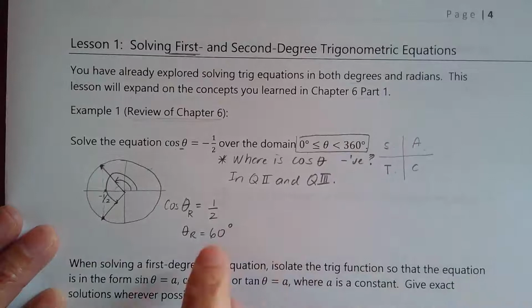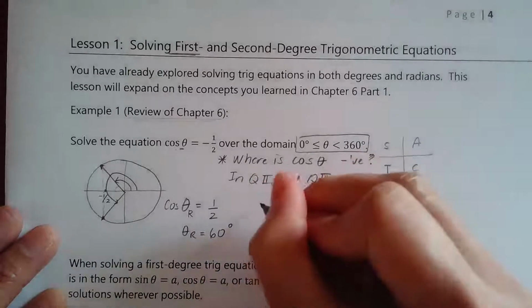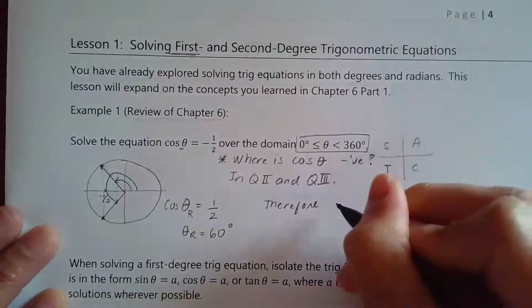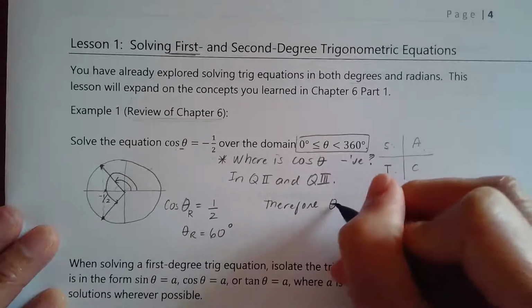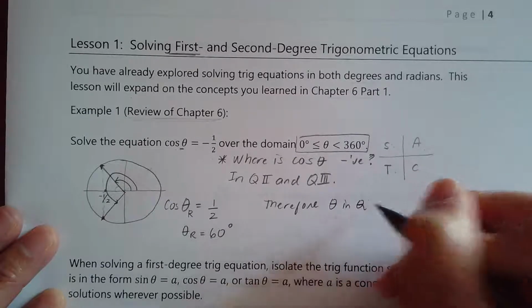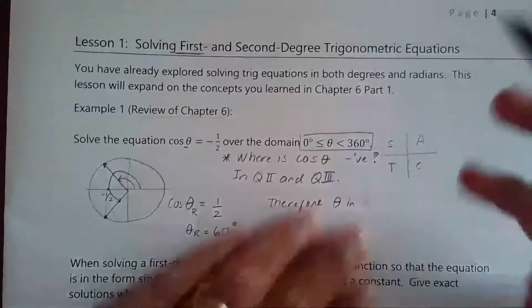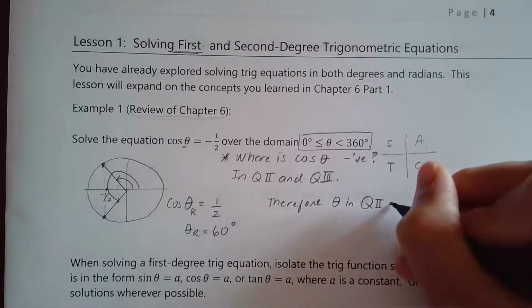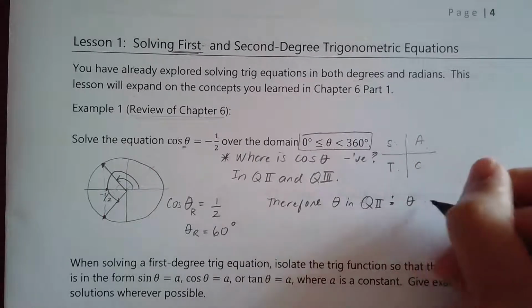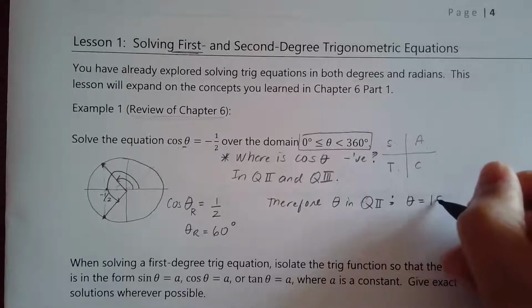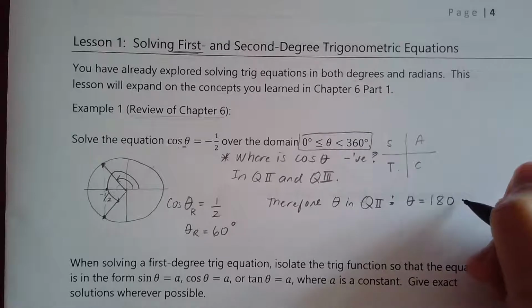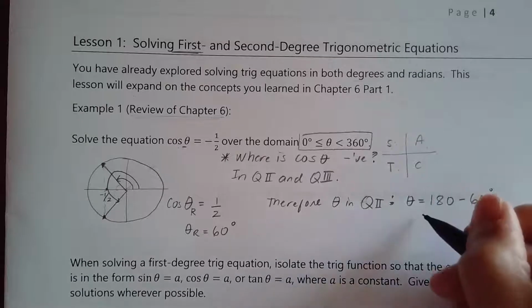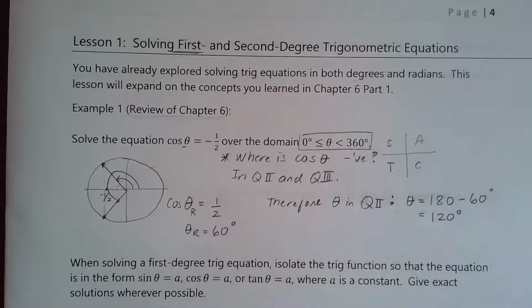So the solution for quadrant 2: theta in quadrant 2 is going to be theta equals 180 minus 60. That's going to give us 120 degrees.